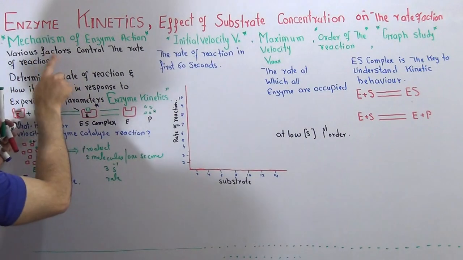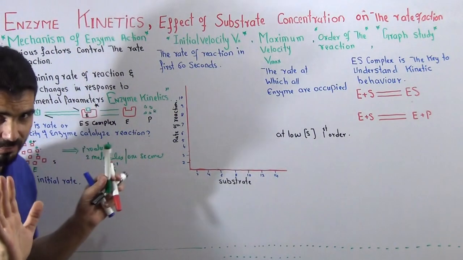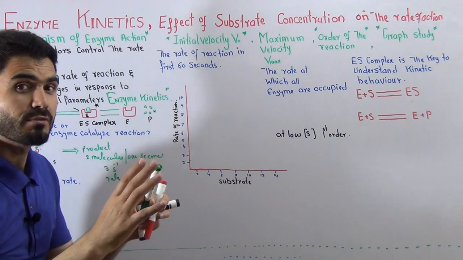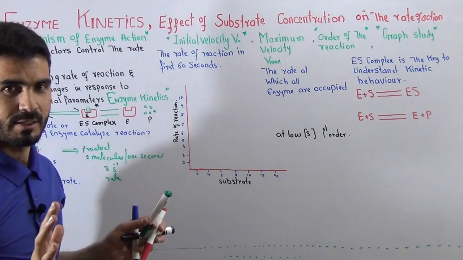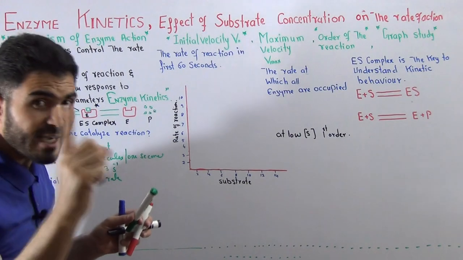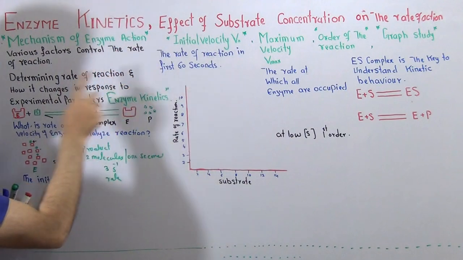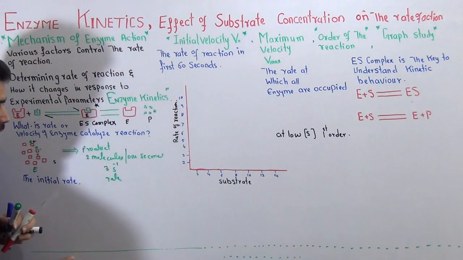So we have different factors that affect enzyme action. Various factors can control the speed of the enzyme, but one important factor is what? The substrate concentration. Okay.